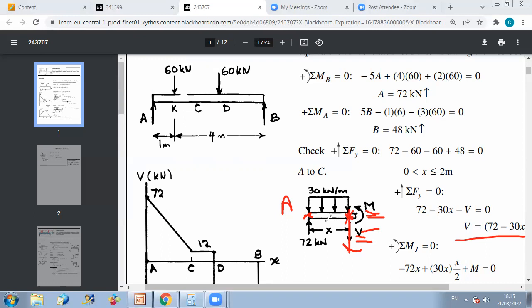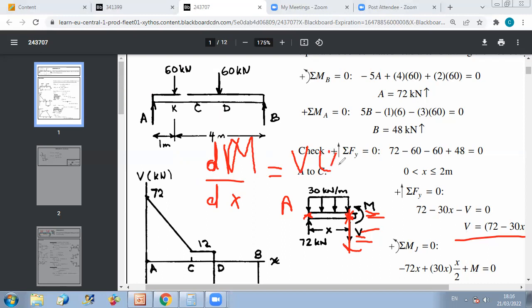Okay, and you can always verify at the end if your result is logical by checking that dV by dx, the derivative of shear... if you differentiate M, dM by dx, you should get the shear.